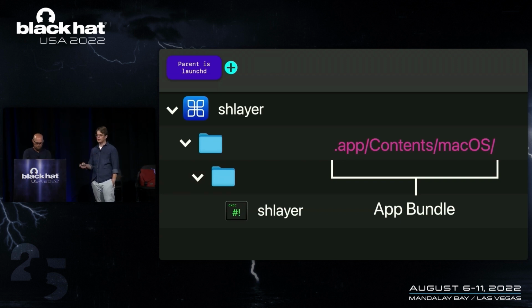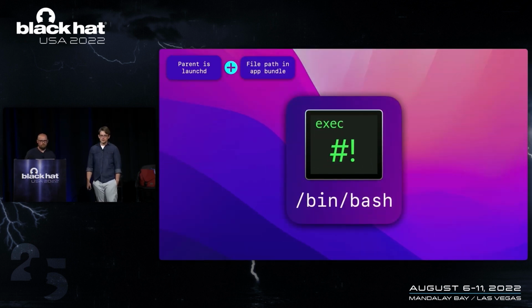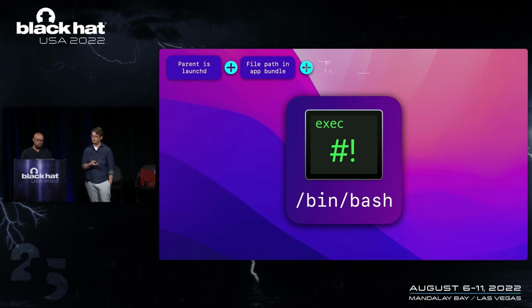If we see this string, we're confident that we're dealing with an application. Next, we're going to ensure that the process that was running was actually a built-in interpreter. So we essentially looked for any of the built-in interpreters. At the time, there were a couple more that have since been deprecated, but these are all the ones that are available. And in the Shlayer example, it was actually Bash that was running.